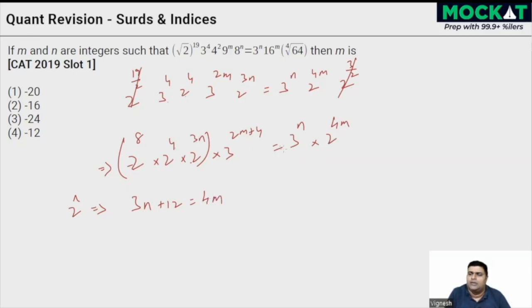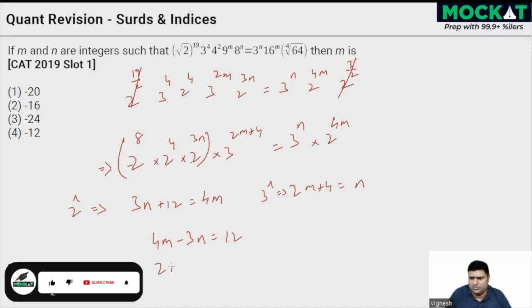And what about the other one? 3 powers is going to be 2m plus 4 should be equal to n. You can rewrite this as 4m minus 3n equals 12, and this is 2m minus n equals minus 4. We need to find m.